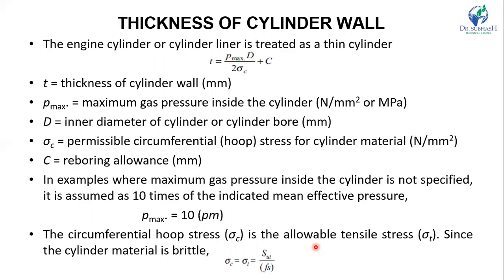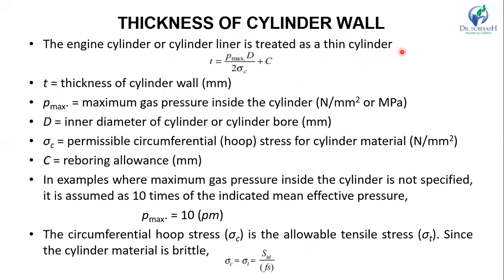These two stresses act at right angles to each other, so the net stress in each direction is reduced. For that, the engine cylinder or cylinder liner is treated as a thin cylinder.